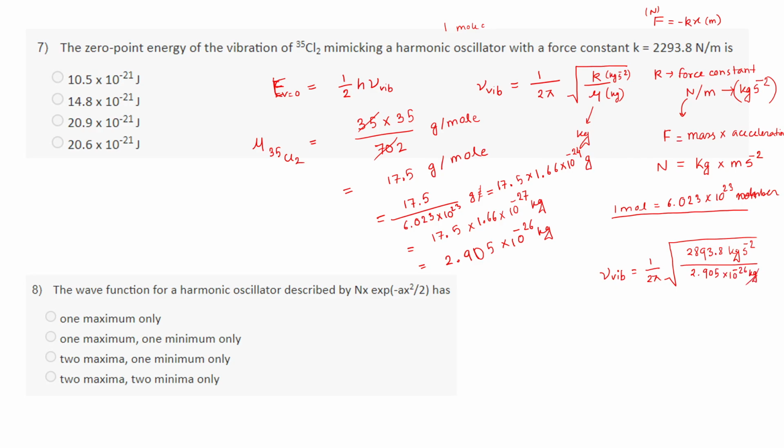Now the kg will cut. I'll give you the whole term. What will be the vibration frequency? So 2893.8 divided by 2.905 divided by 10 to the power minus 26.